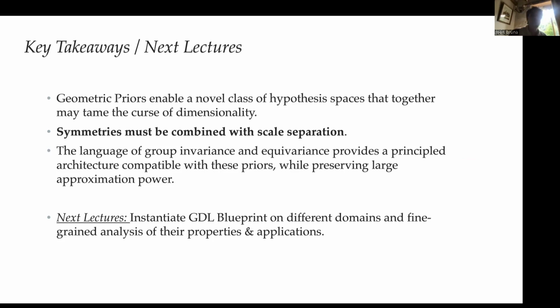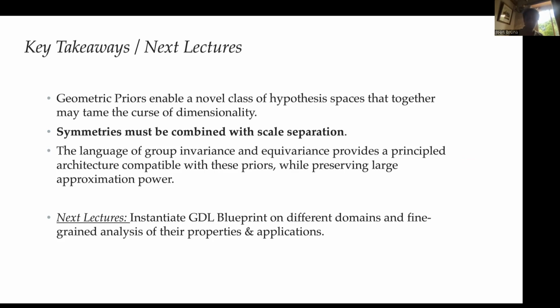So what we are going to discuss in the next lectures by my colleagues, Petar, Taco, and also Michael and myself, is that we are going to look at this very general blueprint and make it concrete under different domains. And we are going to see how each domain brings its own specific properties.